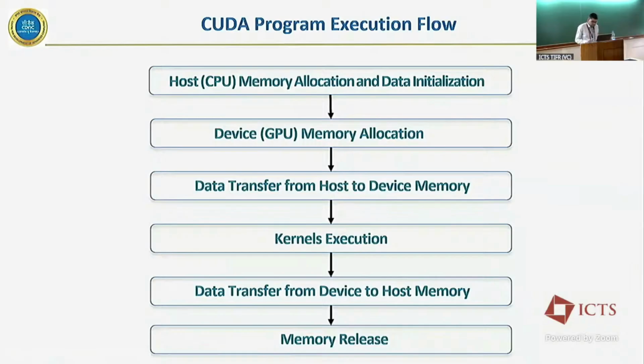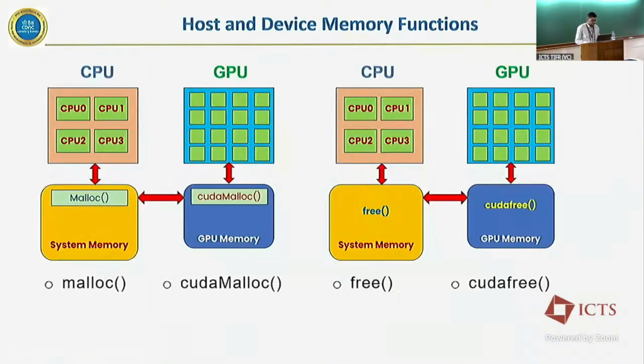The GPU is an accelerator, a different piece of hardware attached to the CPU. Suppose you have a multi-core CPU with its system memory, and on the right-hand side the GPU, having thousands of cores with its GPU memory.